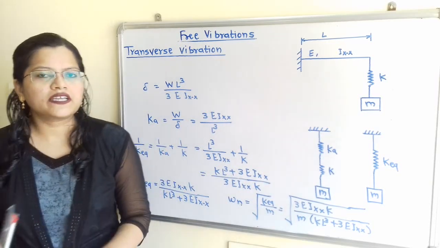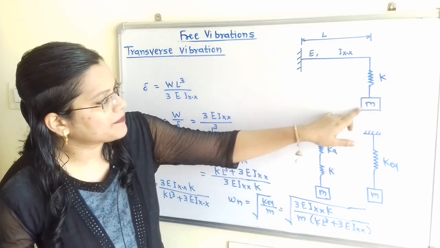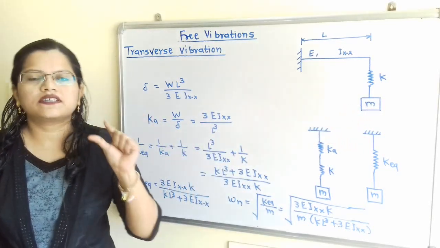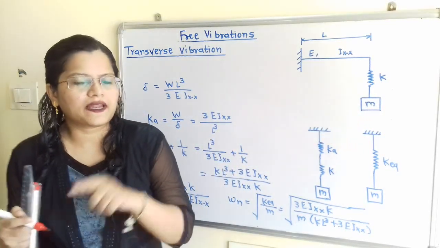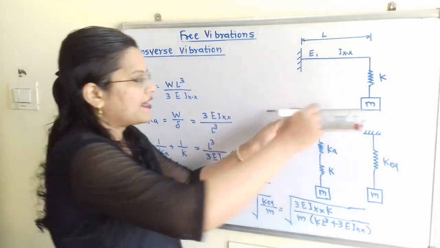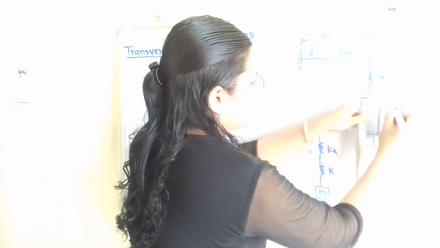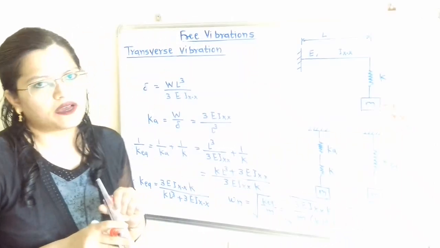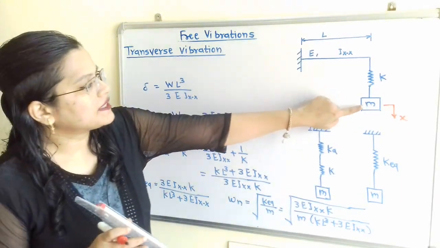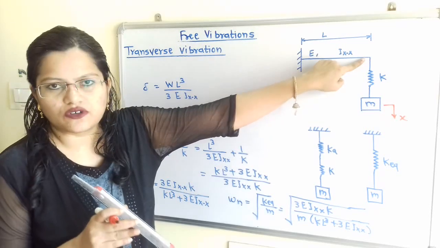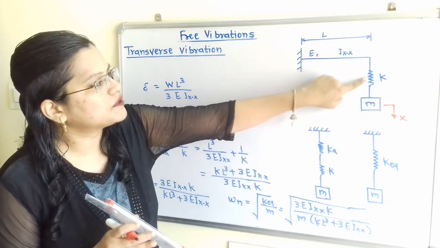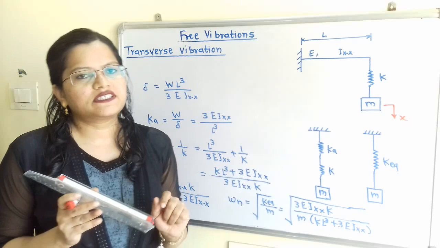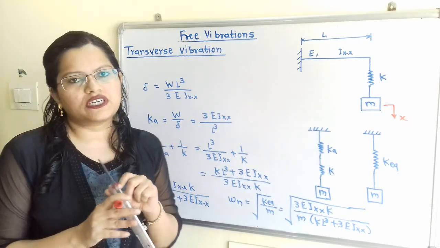We will consider that due to its mass M, it is getting displaced in the downward direction through a distance x. So here we will show the linear displacement x for this mass M. As the mass M is attached to this cantilever beam through the spring with stiffness K, there is the deflection delta.